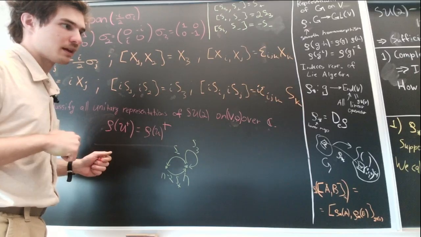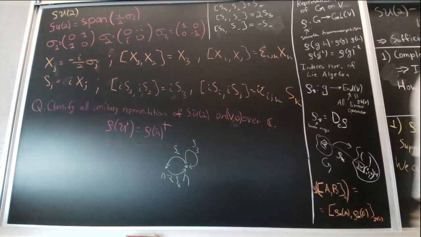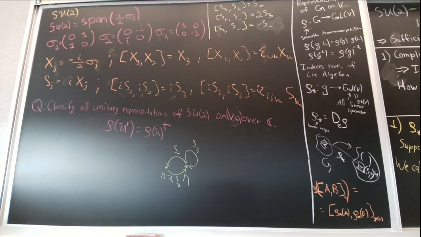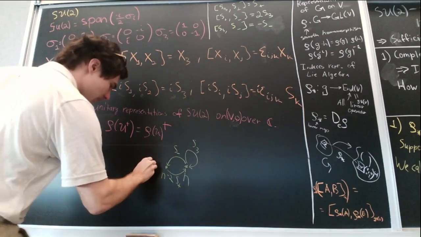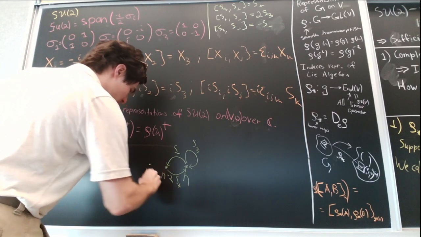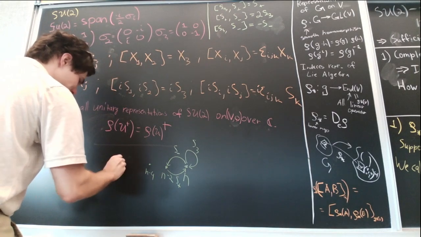And sorry, really instead of S plus V, I should be writing rho star of S plus and rho star of S minus. I'm just being a little lazy. It's a lot of writing. And so the point is, we're going to have n minus 4, and so on.